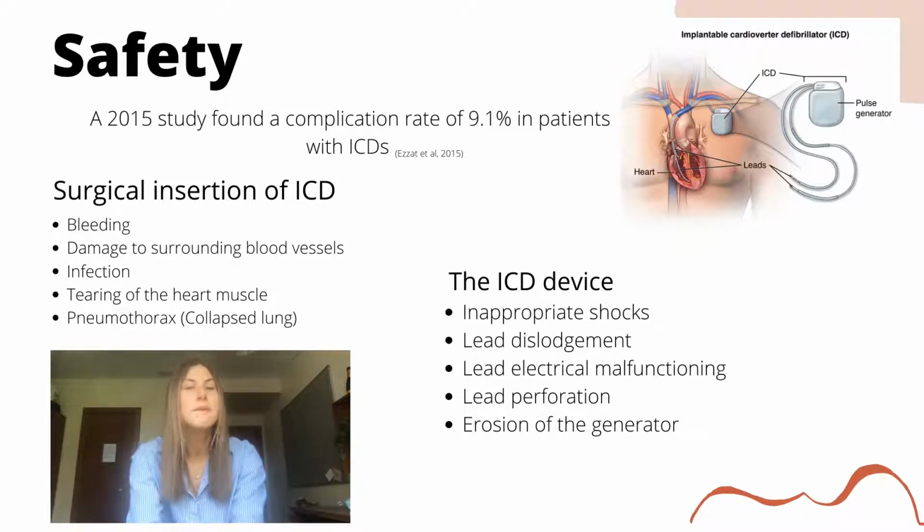Lead electrical malfunctioning is an abrupt change in the lead resistance, electrogram amplitude, or threshold without changes in the lead position, and lead perforation is detected by an acute stabbing chest pain or trouble breathing. These all require surgical correction. Also, when ICDs deliver a shock to the heart, there is the possibility of the device administering an inappropriate voltage or number of shocks, which poses safety risks to the patient. This occurs in as many as 1 in 3 patients.